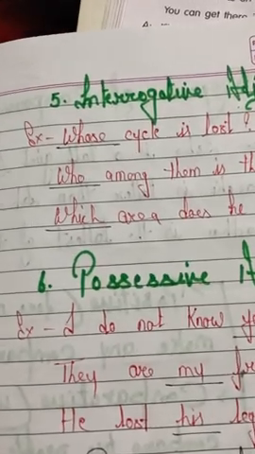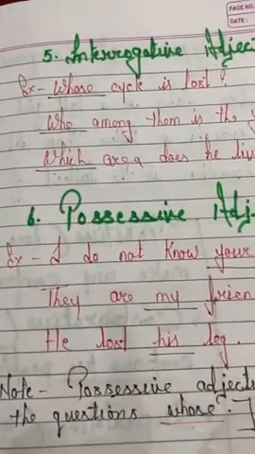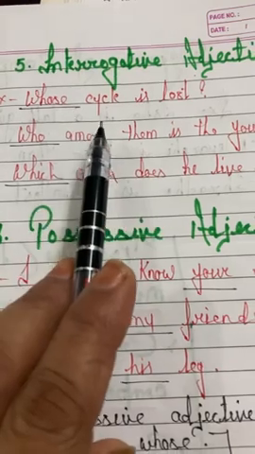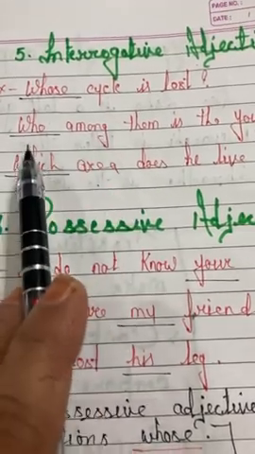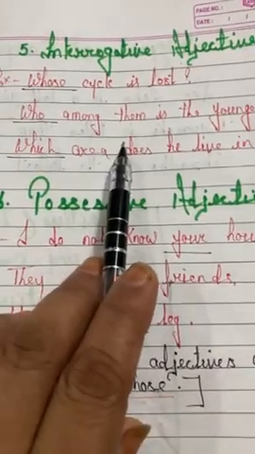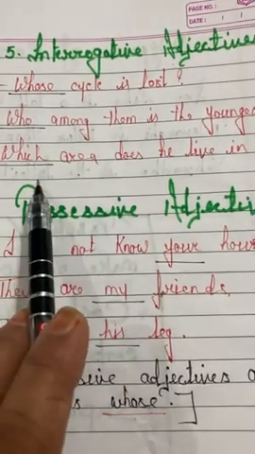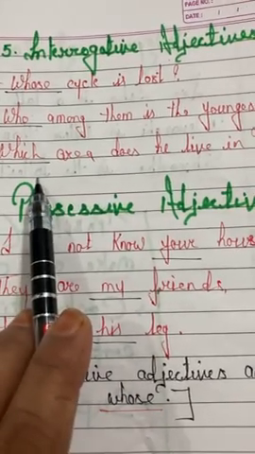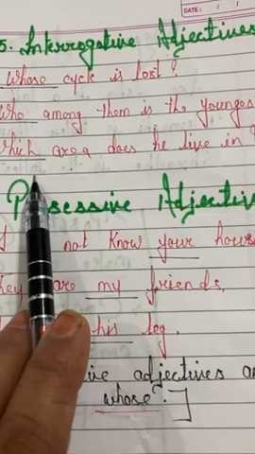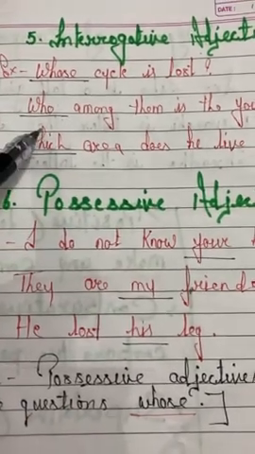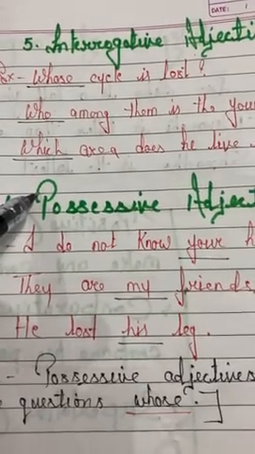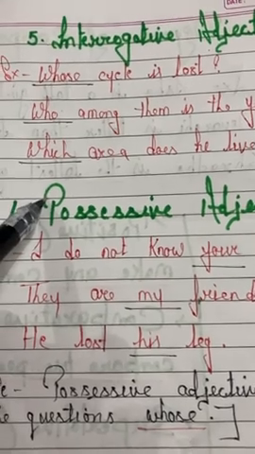What is interrogative adjective, students? Just have a look. Whose cycle is lost? Which among them is youngest? Which area does he live in? Here the words whose, which, and what are used to ask questions.